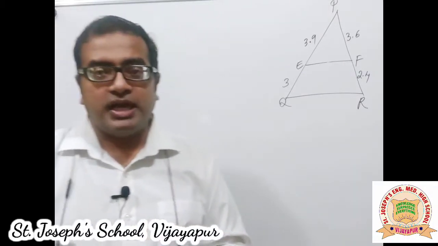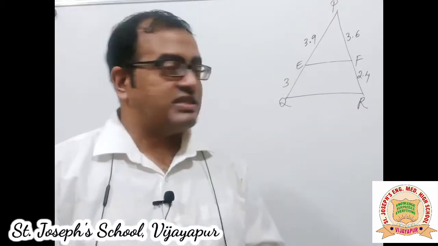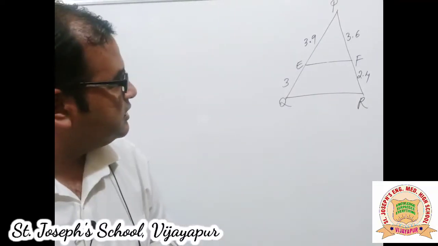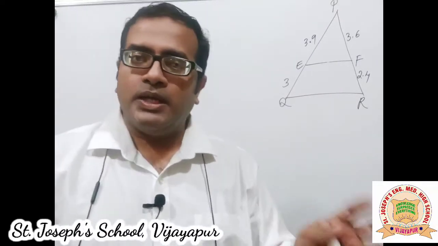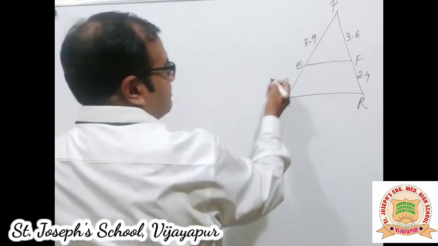PE is 3.9 and EQ is 3 centimeters. PF is 3.6 and FR is 2.4. Now let us check whether they are in proportion. Let us take one side now. First side by second side.